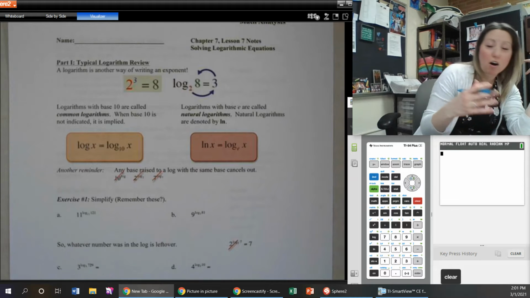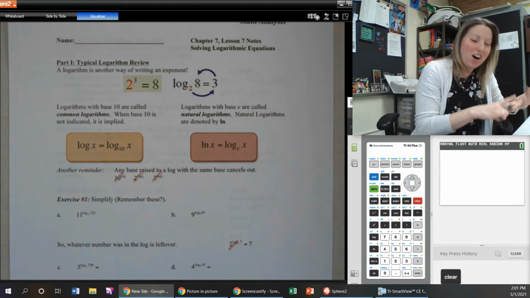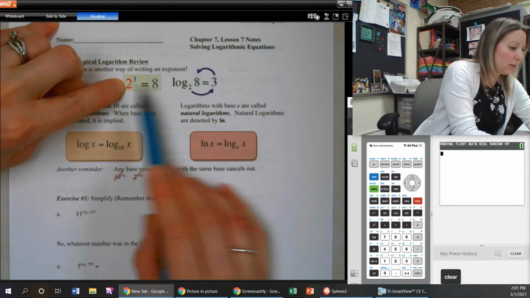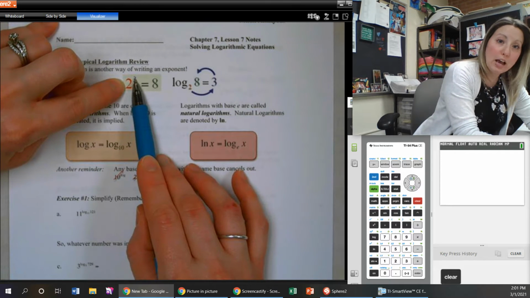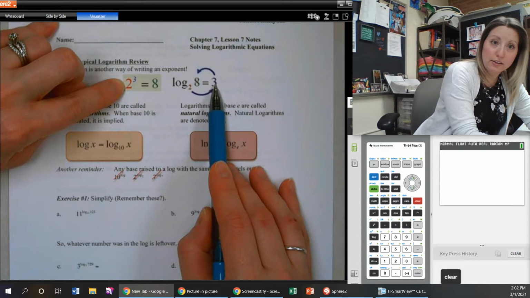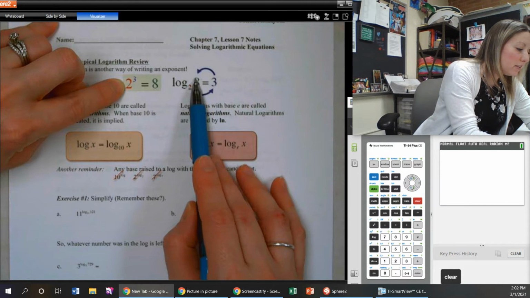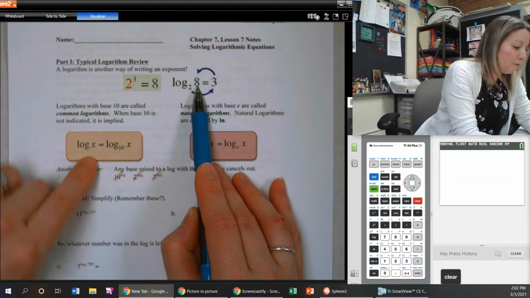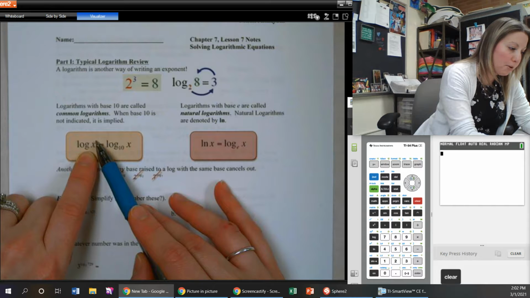Let's start with our usual reminders, right? Logs into exponents. So the base of the exponent is the base of the log. The exponent itself is the answer to a log, and the answer to a power is the number inside the log here. If there is no base written, we assume it's base 10. That's the common log.